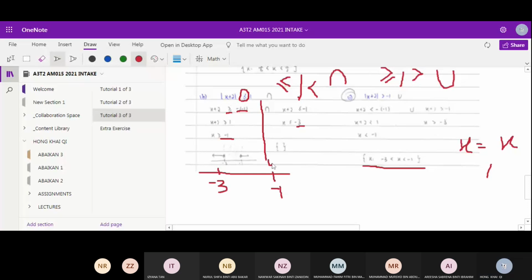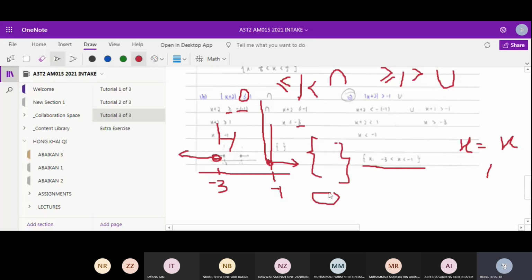So you draw the number line. You don't have an intersection point, because the intersection point should be between both of them, but there's nothing here. The arrows are going to both sides. So nothing here, the answer will be the empty set. Nothing inside.